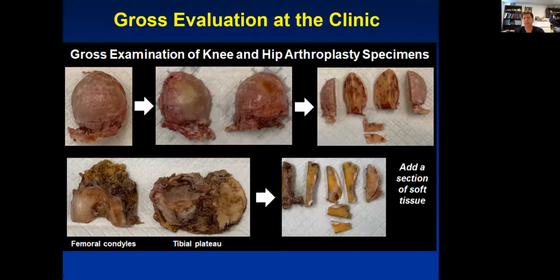Generally, the joint capsule, synovium, and of course, if it's the knee, it will probably also include some meniscus as well. And we generally take sections of bone, and that's in one cassette, and we also take additional representative sections of soft tissue, again, describing them if there's any abnormality that we see grossly.